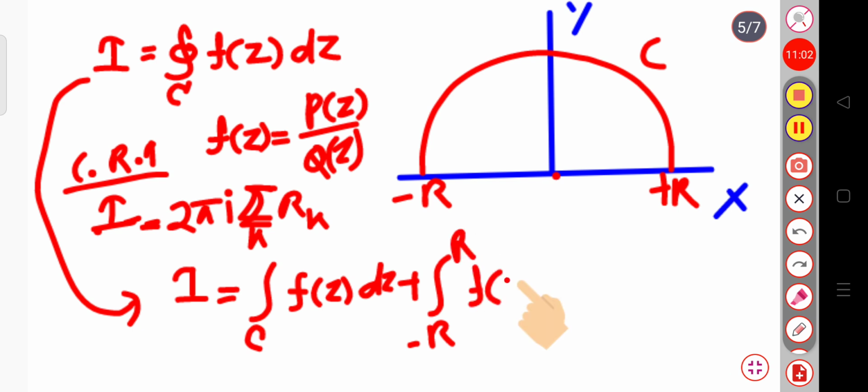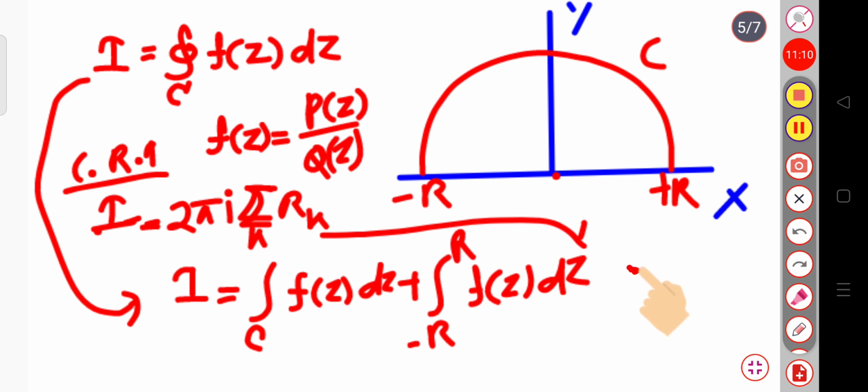Are you getting my point? Clear? And this total value will be equal to 2 pi i times the sum over the residues.